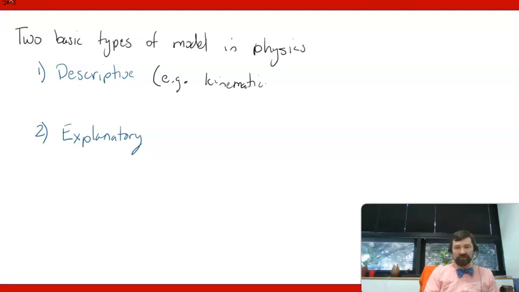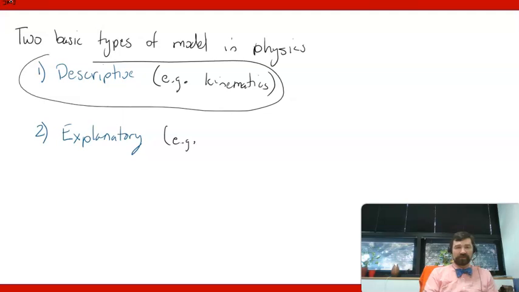We eventually build to explanatory. And a lot of explanatory kind of falls into what we would call efficient and final causes philosophically. Why does this thing do this? Well, it's because it is trying to conserve energy, or it's trying to minimize time, or it has to respond to a force in this way. And so for now we are focusing on descriptive.